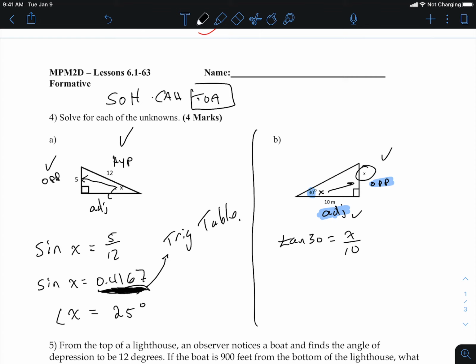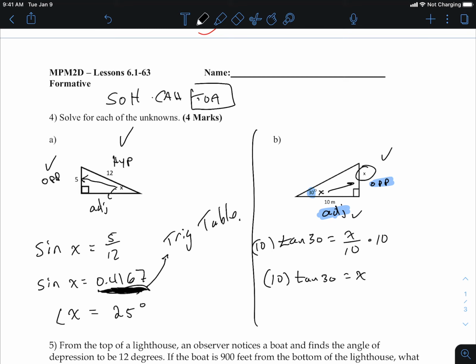Solve for X. Tan 30 is equal to X. Go to the table, find the tangent of 30.